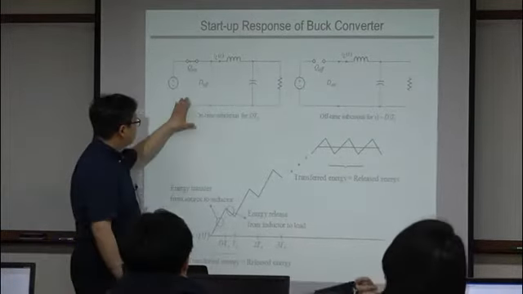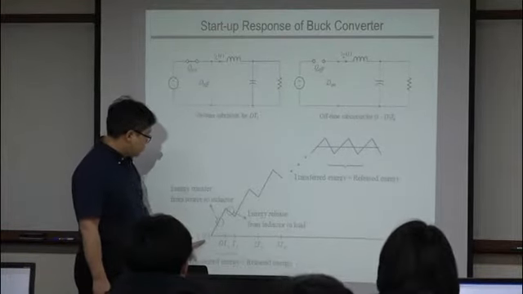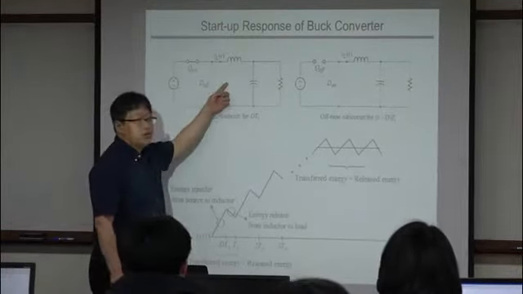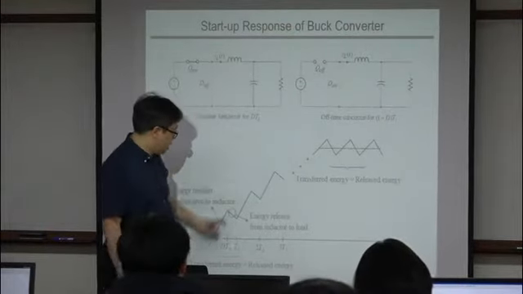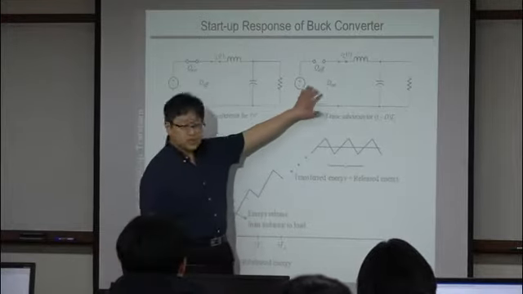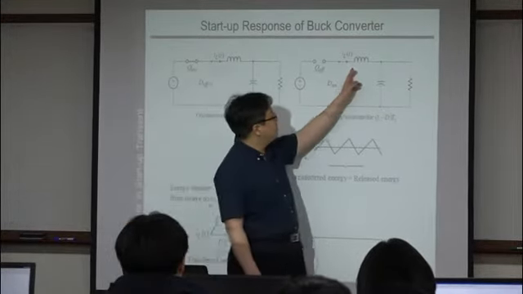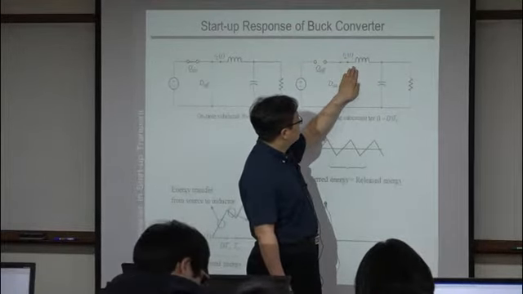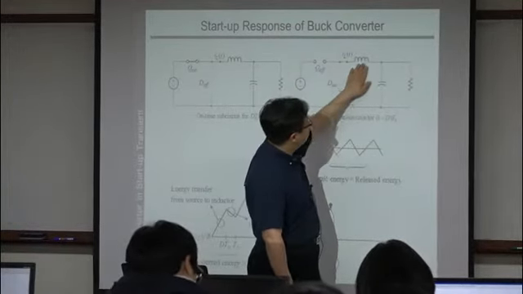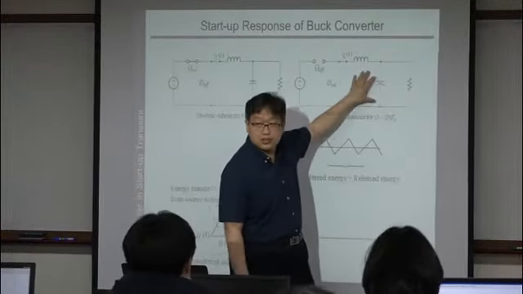Then, in the on-time sub-circuit, energy is transferred from the source to the inductor, so your inductor current increases. It's like this. And if you turn off the switch, then your inductor energy is what? Also the freewheeling, and also the supplied energy to the load and capacitor.